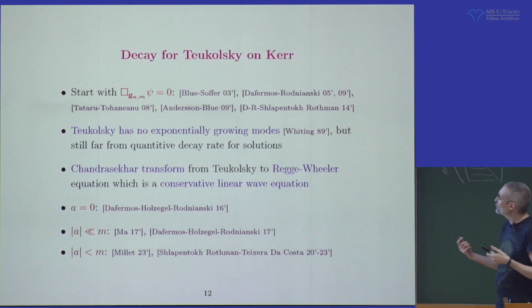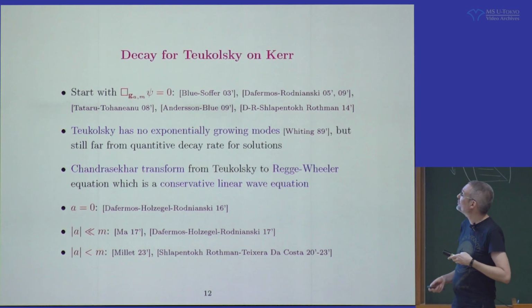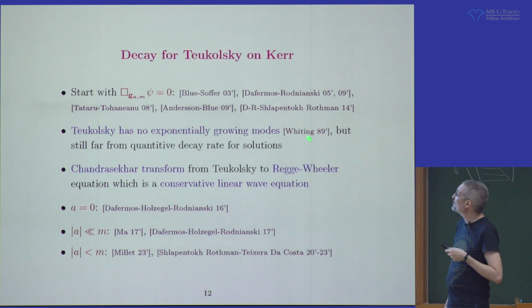Then, of course, you still have to prove decay, and the difficulty is due, as I mentioned earlier, to the fact that the Teukolsky equations do not derive from a Lagrangian. However, there is the work of Chandrasekhar that tells you that there is a special transform that will send solutions to Teukolsky to solutions to Regge-Wheeler, which is another wave-type equation, but this equation is much better because it does derive from a Lagrangian, and therefore you can hope to import the technology for the scalar wave to the solutions of Regge-Wheeler.